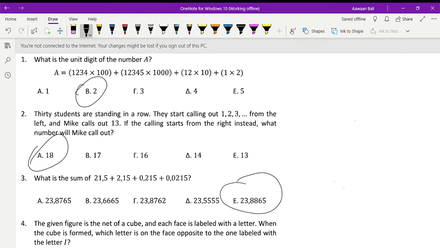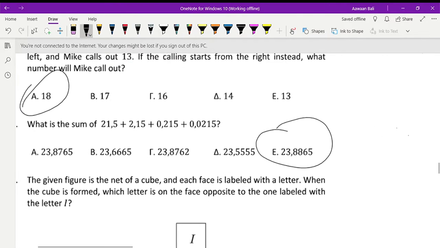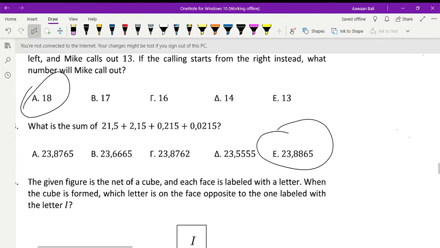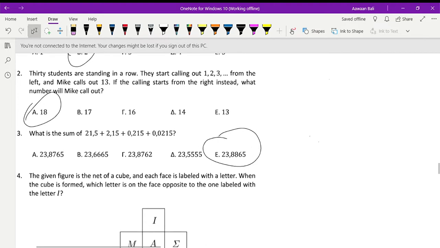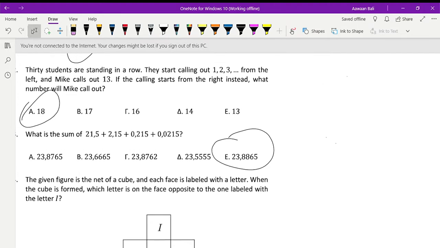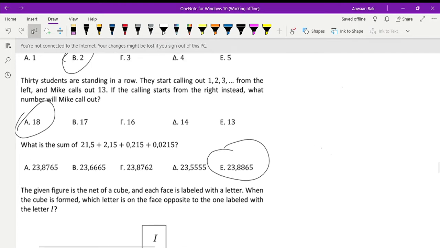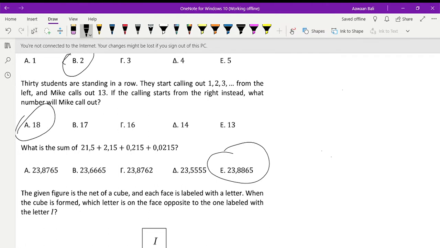What is the sum of 21.5 plus 2.15 plus 0.215 plus 0.0215? This is obvious. You just have to do direct addition. You can use a column method. So for the decimal column method, first we have to write out the biggest one to the smallest one, and this is already in descending order for us, so we can just write 21.5, and this all depends on the decimals.